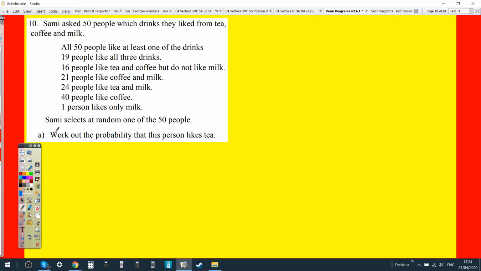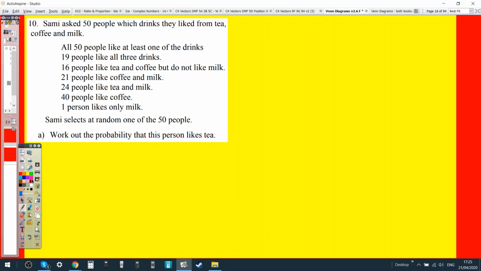So this one, how would you start this one? Yeah, so what type of Venn diagram are you drawing this time? Yes. So it's going to be 3.